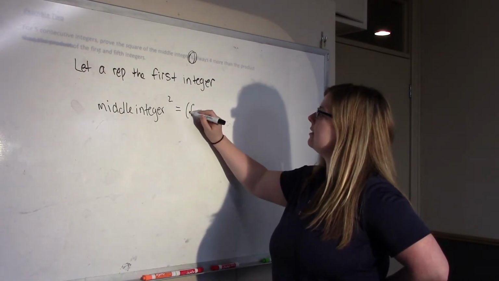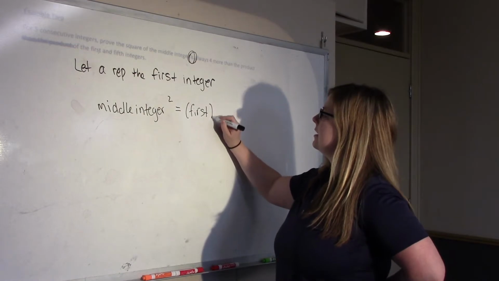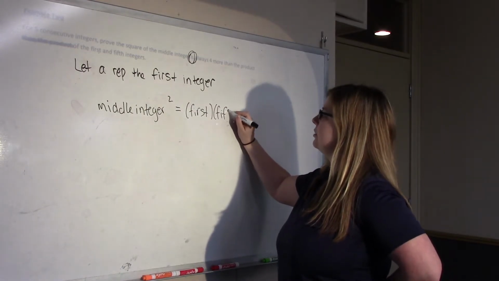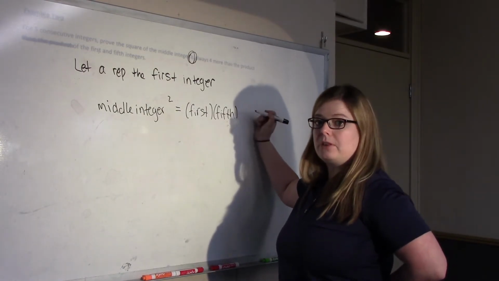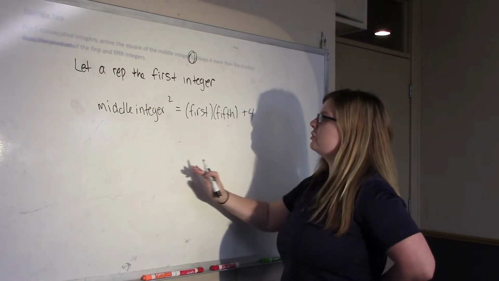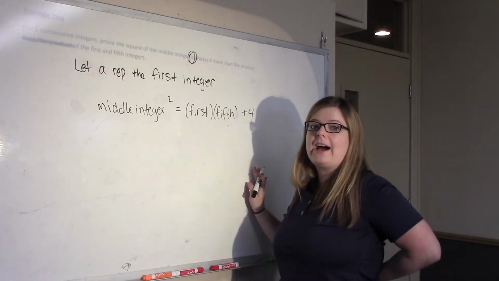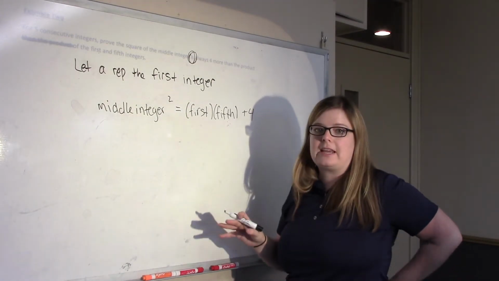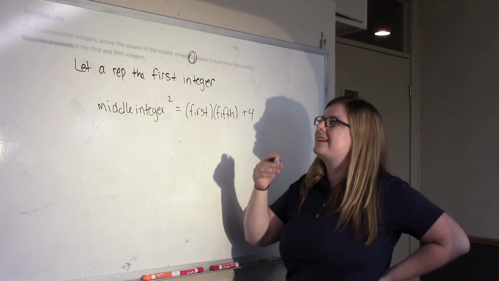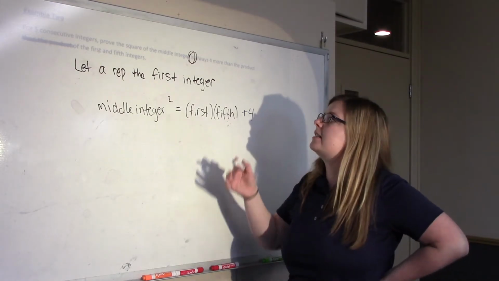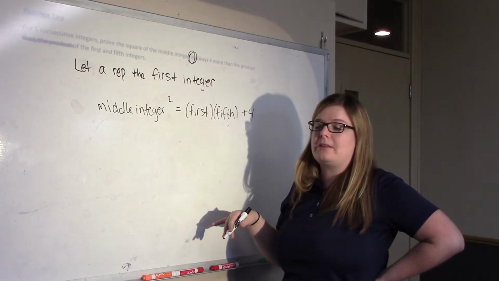So the product of the first and the fifth, so that's multiplication, and then plus 4. So this is what we need to write, but with variables. I find it helps to do this middle step to make a bridge, to connect the English down to the math.